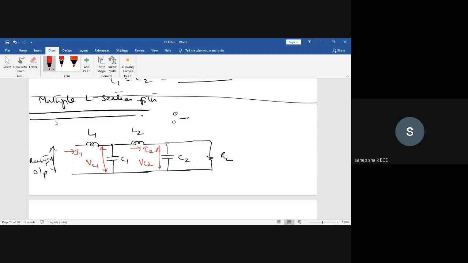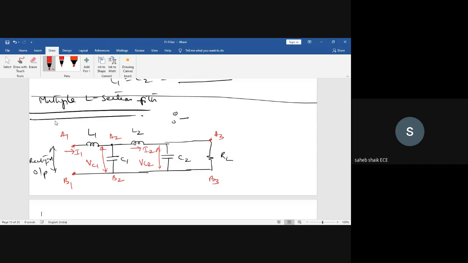We'll specify the respective nodes here. This is A1, this is B1, this is A2, and this is B2, and this is A3 and this is B3.